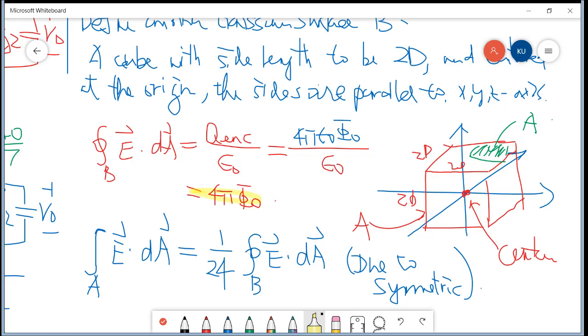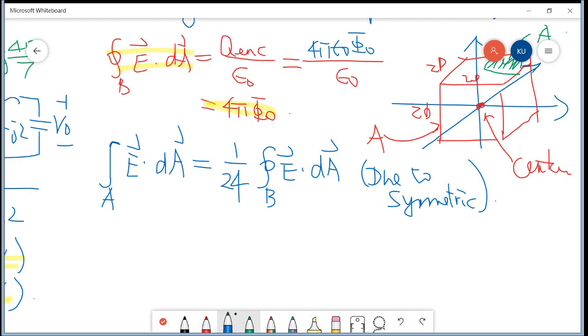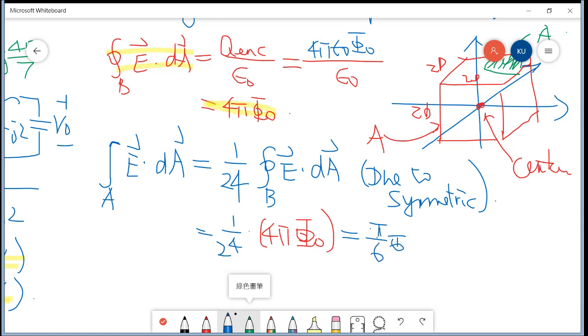This is the second one we would like to find. We know that this one is 4 pi phi 0, so we substitute it here. It turns out to be 1/24 times 4 pi phi 0. Then 4 and 24 can be partly cancelled, and it becomes pi over 6 phi 0. And this is the answer.